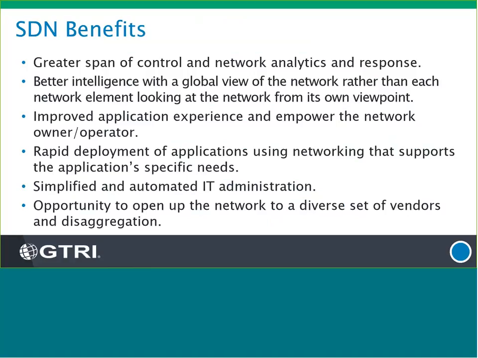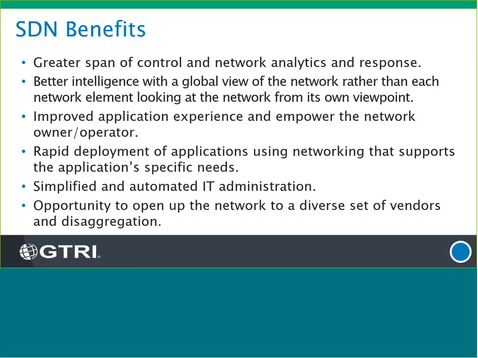We get better intelligence. We can get telemetry and network information from the devices easier back to the controller, and then the controller could change based on that real-time or near real-time information about what the network is doing, change behavior of the network, and use that information to adjust as needed to support the business and the applications.